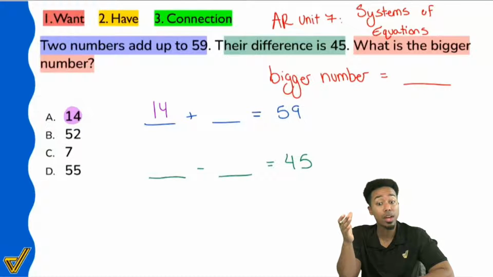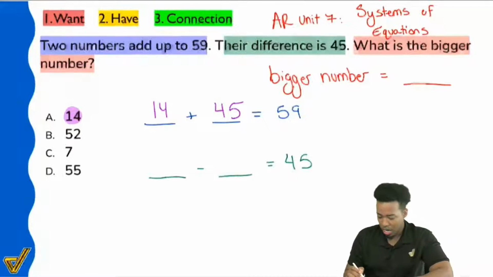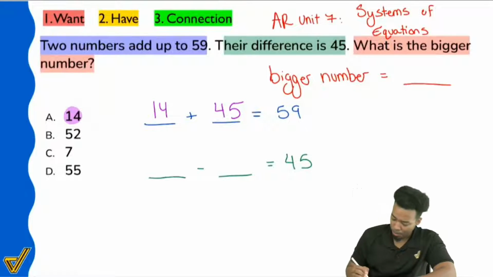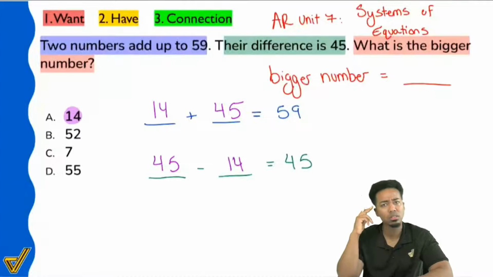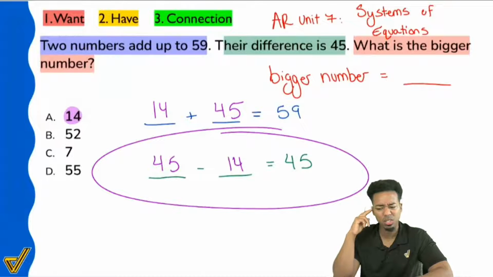Right, the other number would have to be 45. 14 plus 45, is that 59? It is. But if I went ahead and subtracted these numbers, is 45 minus 14 equal to 45? Is that true?